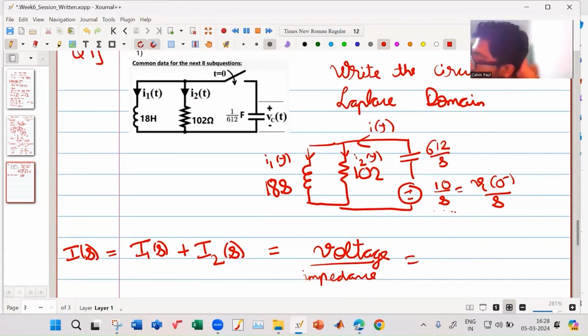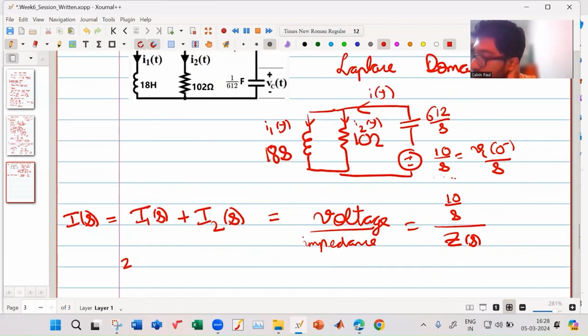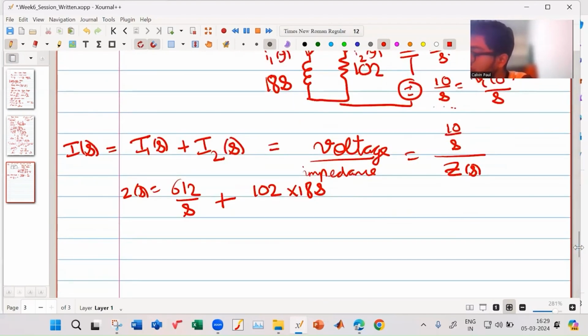The voltage is 10 by S and the impedance is Z of S. My Z of S is the impedance of the capacitor plus the parallel combination of this: 102 into 18S divided by 102 plus 18S.